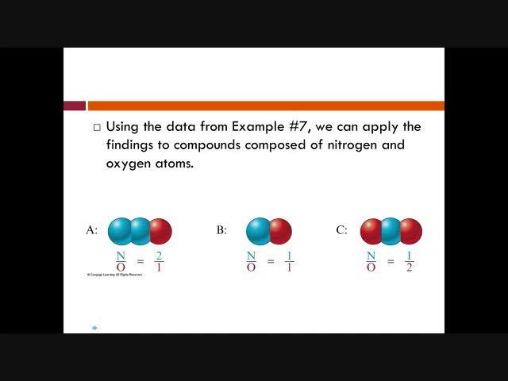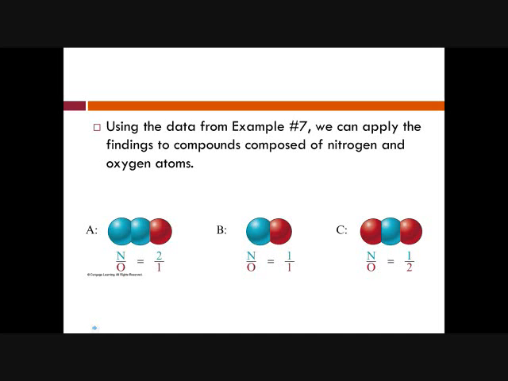And then if we simplified that down by half of the number of nitrogens, we would have 1 and 1 for B. And then if we had 4 less with this, it would turn into 1 nitrogen and 2 oxygens. Okay? So those are 3 different formulas for compounds that could fit this ratio set, depending on the 2 to 1, the 2 to 1, and the 4 to 1.